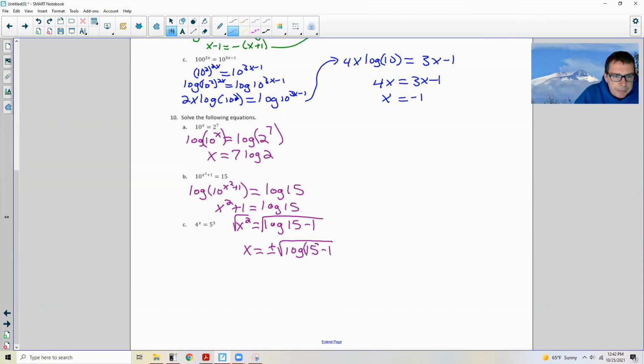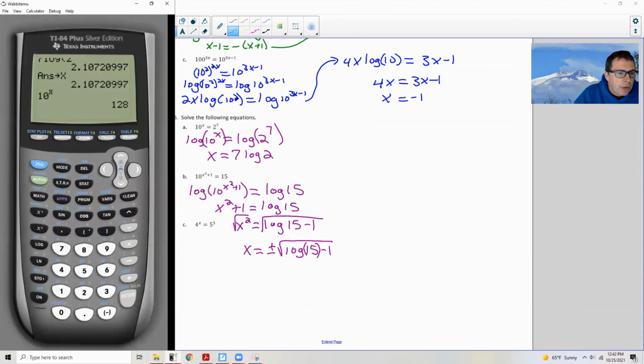And be careful with that. Take the log of 15, then subtract 1 from your answer. Do not take the log of 14. So then when I get this, I could simplify this or find the value of this. So I could take the square root of the log of 15 minus 1 and get this number right here. So if I plug that in and store that as x, I'm just checking my work here.